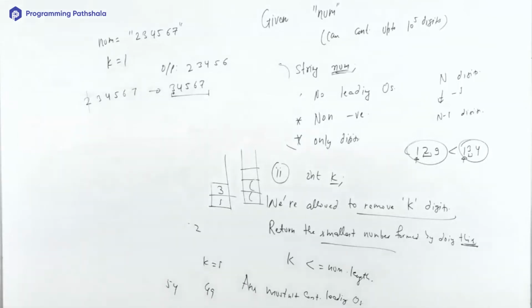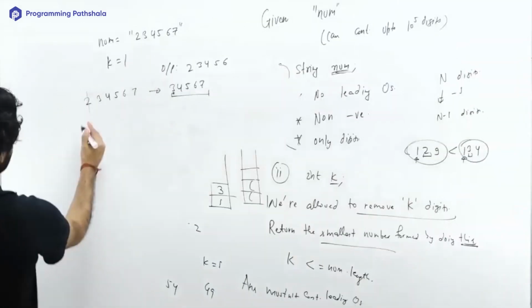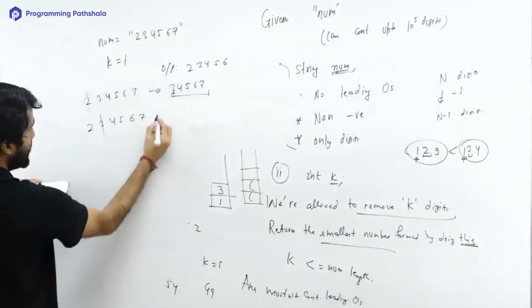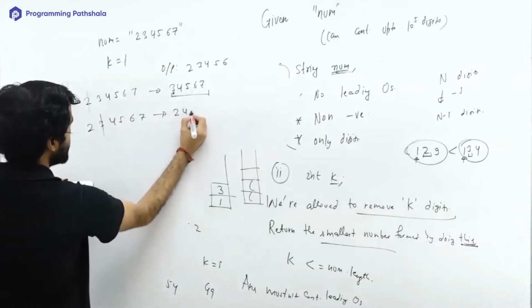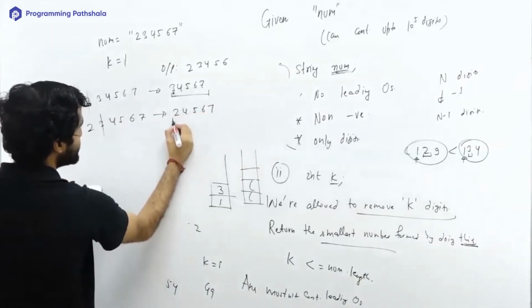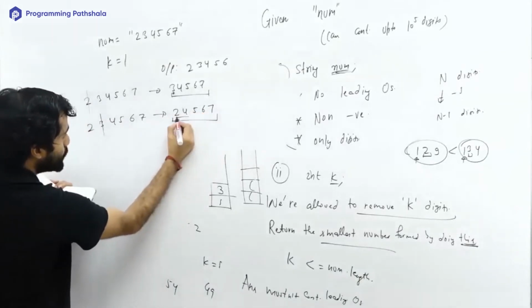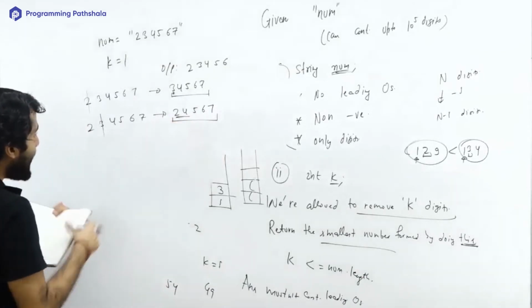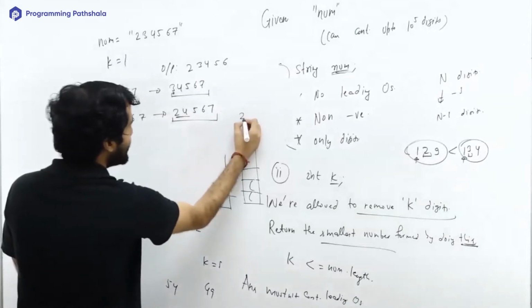Okay. Similarly, think and tell me, should 3 be removed? Would you want to remove 3? So if you have got 2, 3, 4, 5, 6, 7, and if you remove 3, you will get something which will be looking like this. And this is a 5-digit number starting with 2, 4, and a 5-digit number starting with 2, 3.